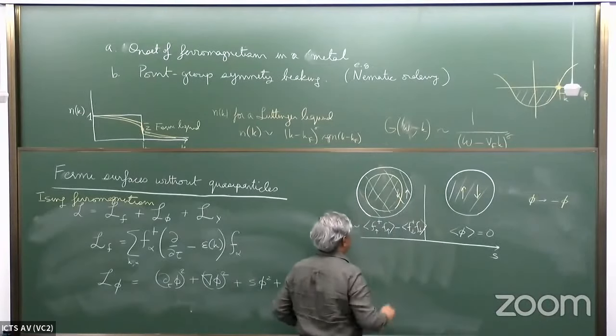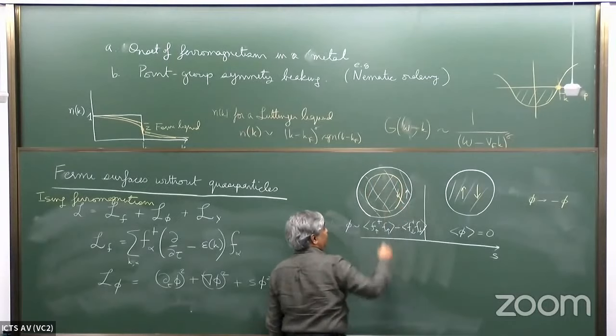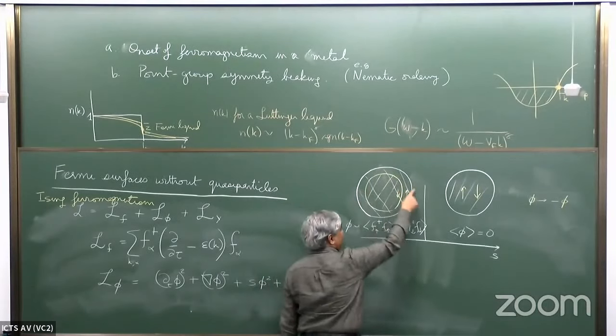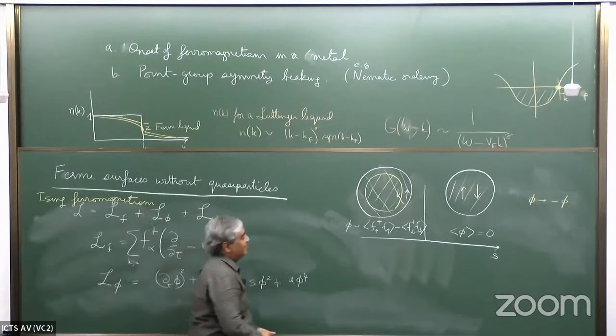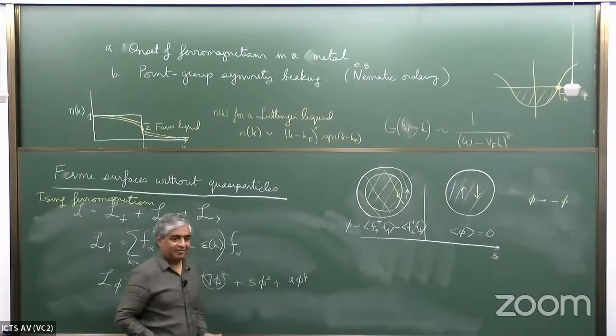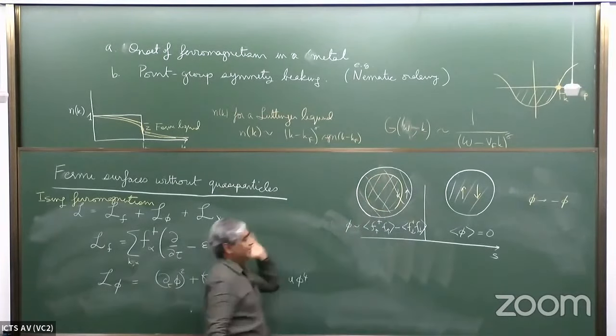Once you're in the ferromagnet, there'll be quasiparticle excitations of down spins on this Fermi surface and another one on the other one. This is sometimes called a metallic ferromagnet. Sometimes people talk about a half metallic ferromagnet in which one of these Fermi surfaces just disappears, but it need not.